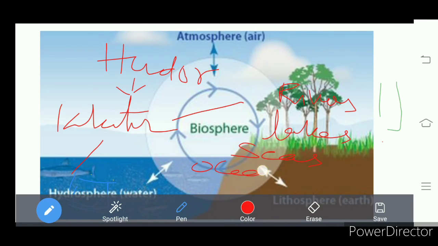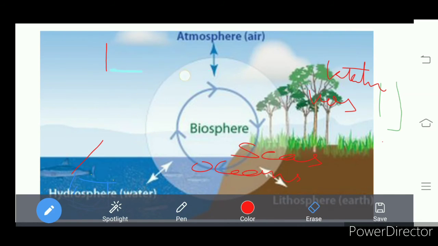Then oceans, Pacific Ocean, Atlantic Ocean, in that way. And also groundwater. All these are part of the hydrosphere.